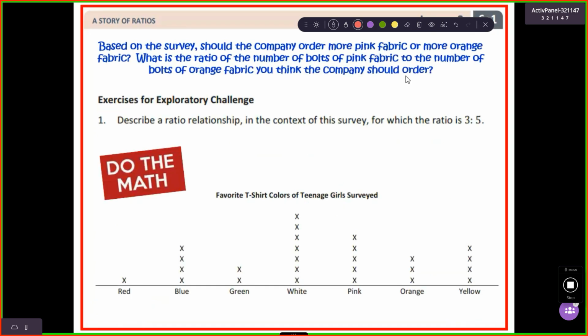Okay, so describe a ratio relationship in the context of this survey for which the ratio is 3 to 5. What do we have that is 3 to 5? Orange and pink. It'd be orange to what? Pink. So this is what we would say.